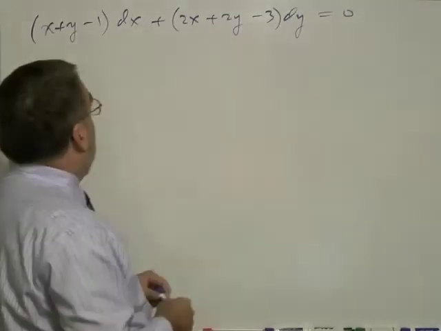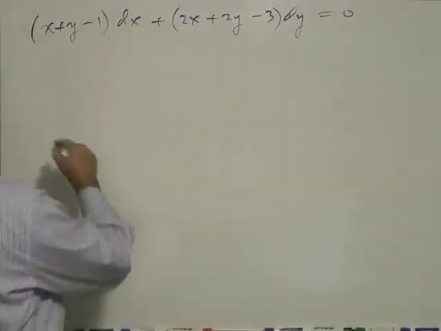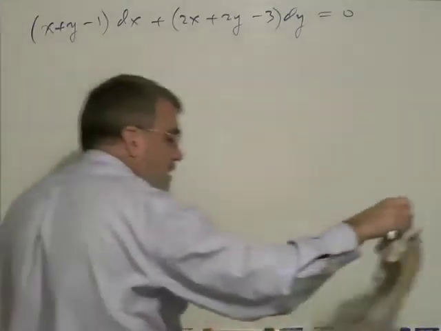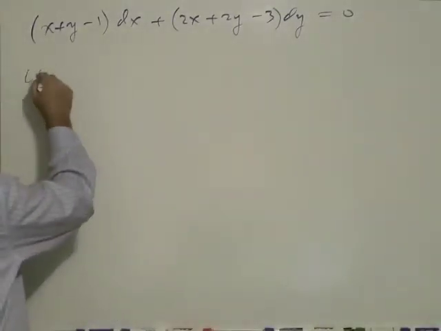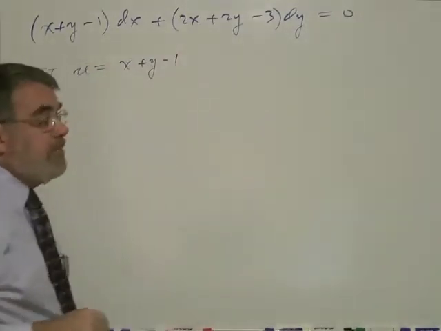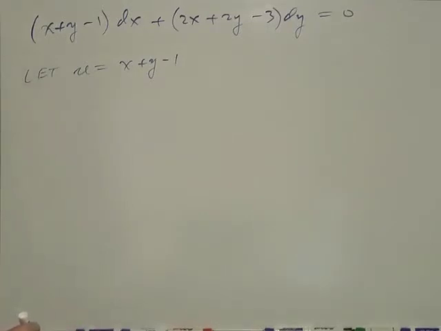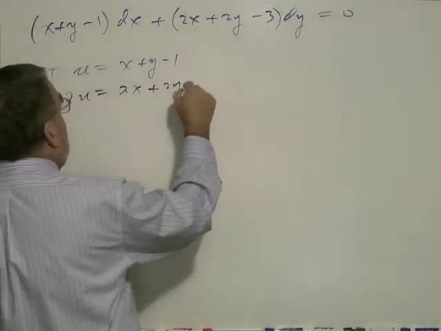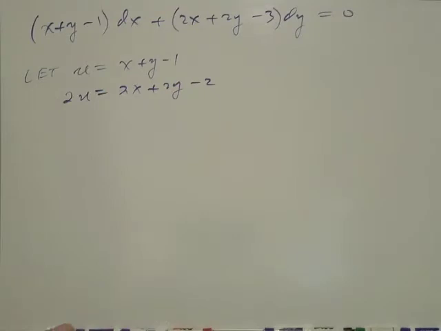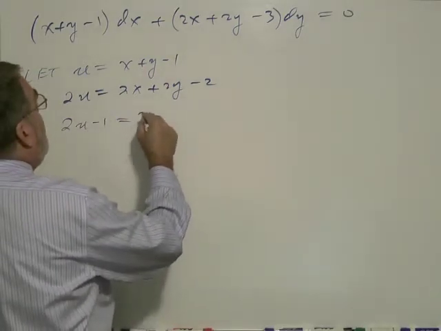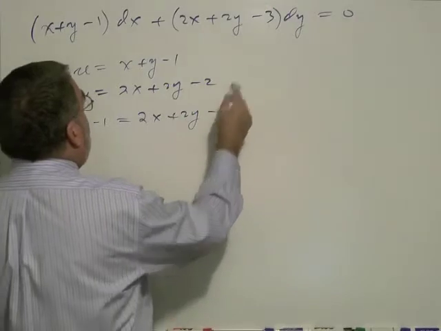So what do we do? Well, the book says let u, our favorite substitution variable, equal x + y - 1. You can see that 2u is 2x + 2y - 2, and so if I subtract 1 from 2u, 2u - 1 would be 2x + 2y - 3, which is this part.